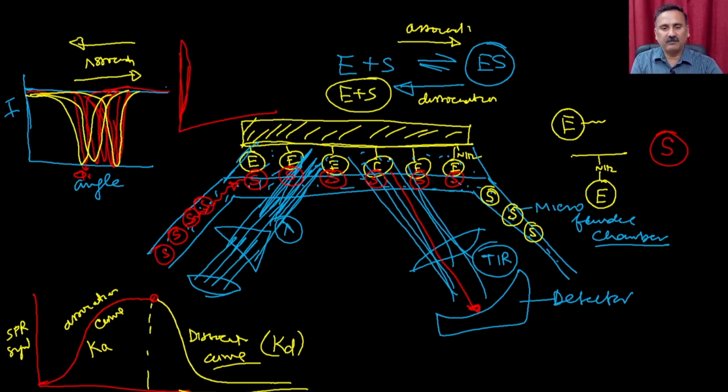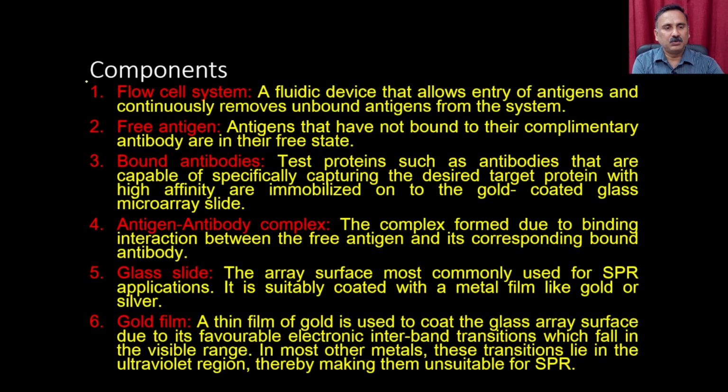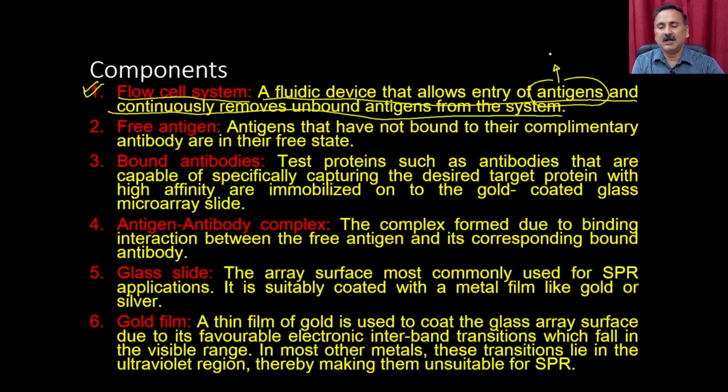Now, if you want to perform this, there are multiple components that you require, right? You require a flow cell. A flow cell is a fluidic device that allows the entry of antigen and continuously removes the unbound antigen from the system. Although it is saying antigen, it could be anything.